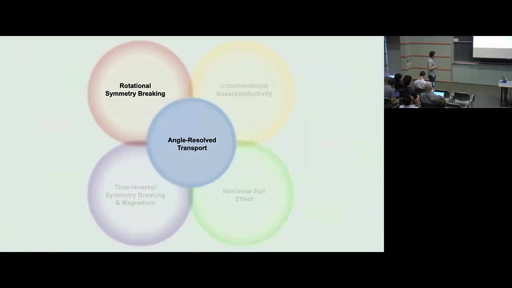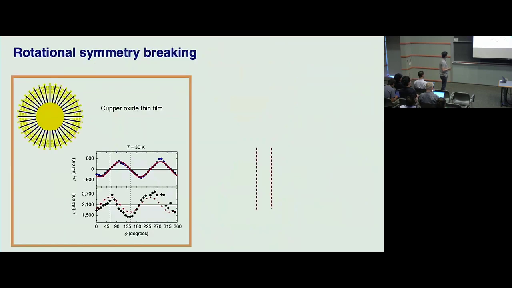Okay, so with this geometry, let me tell you a little bit about what transport response tells you that rotational symmetry is broken. In copper oxide thin film, when you measure longitudinal and transverse resistance as a function of the angle of the current flow direction, you see an angle-dependent oscillation in both longitudinal and transverse channels.